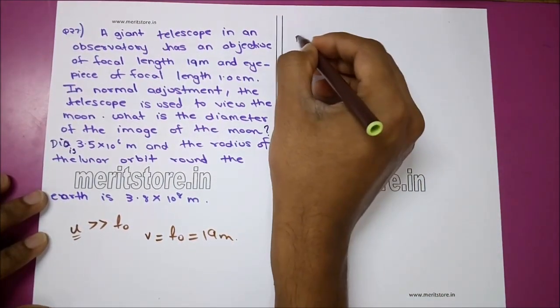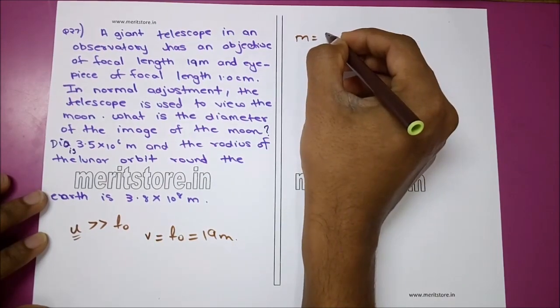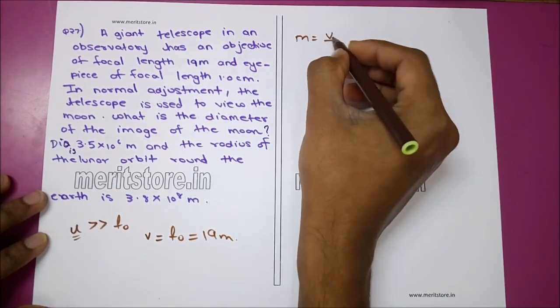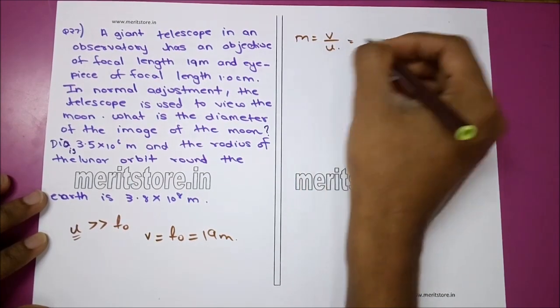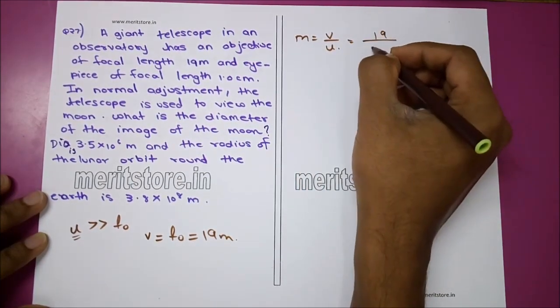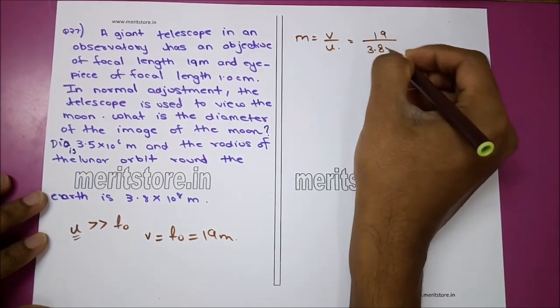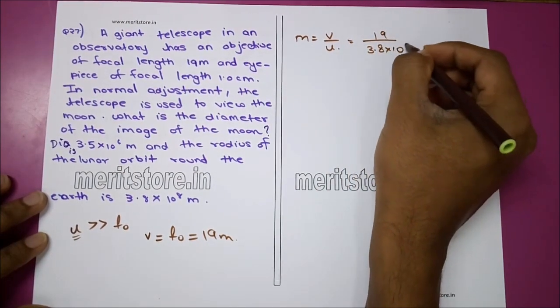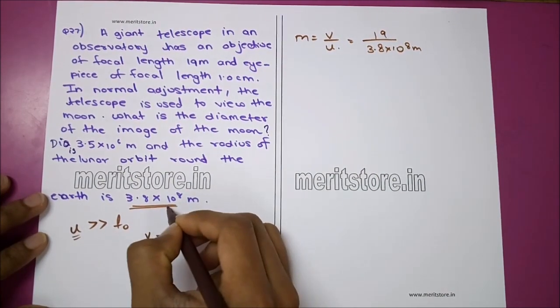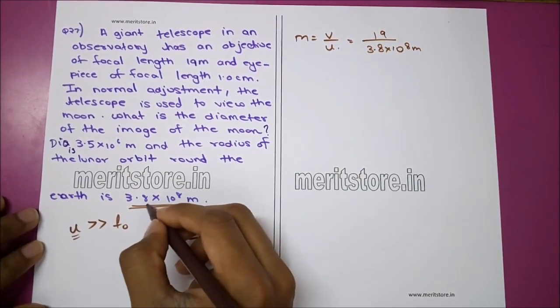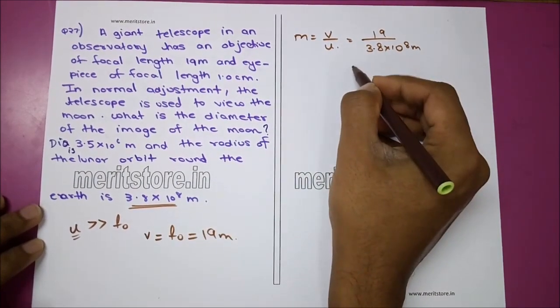Now the magnification m is given by the ratio of image distance to the object distance. So that is 19 upon 3.8 into 10 raised to 8 meters. This is the distance of the moon from the telescope, and hence this will be our object distance.